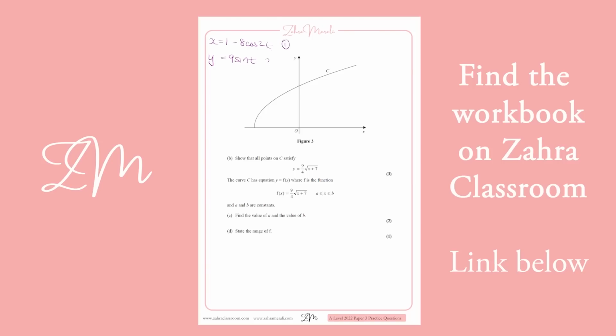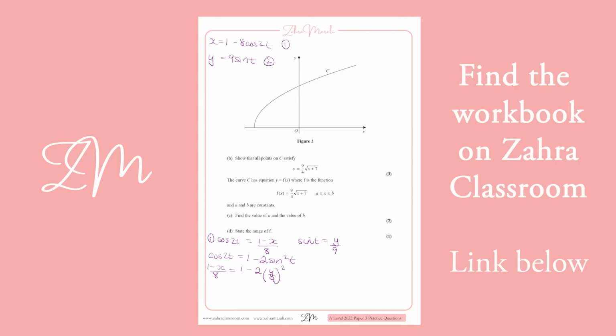So cos 2t is equal to 1 minus x over 8, and sine t is the same as y over 9. Then you ask, what formula connects cos 2t with sine? We know that cos 2t can be written in 3 ways. One of them is 1 minus 2 sine squared t. And we substitute in: 1 minus x over 8 equals 1 minus 2 times y over 9 squared.